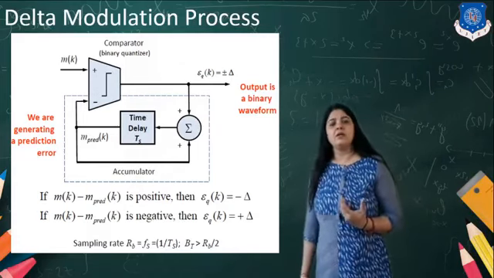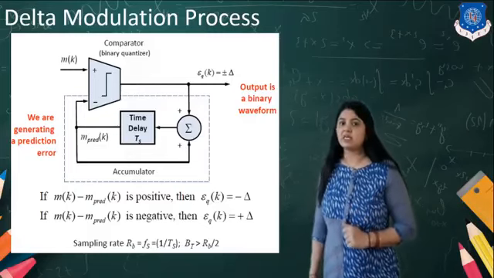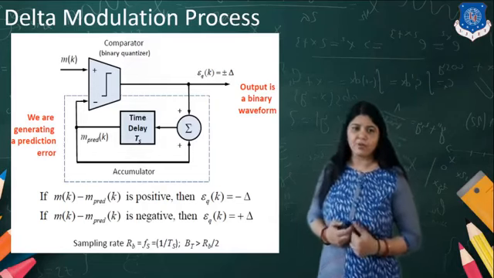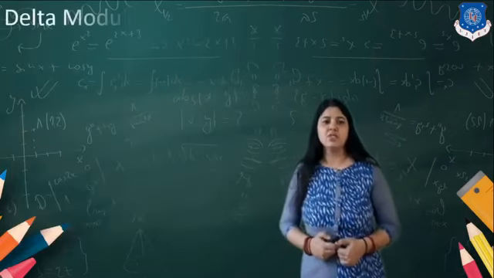And what is the transmission bandwidth? It is greater than R_b, the required bit rate, divided by 2.